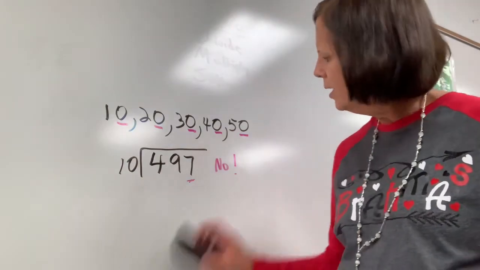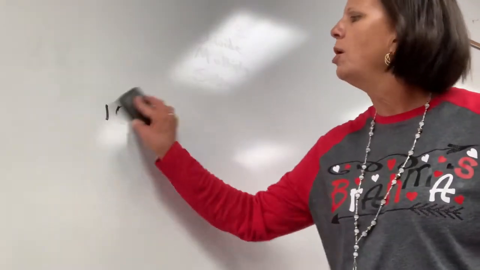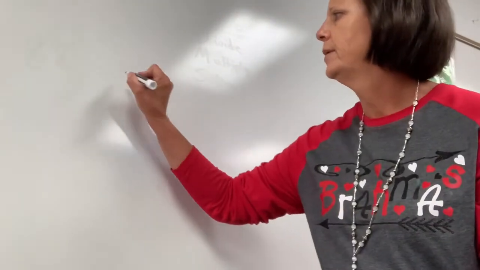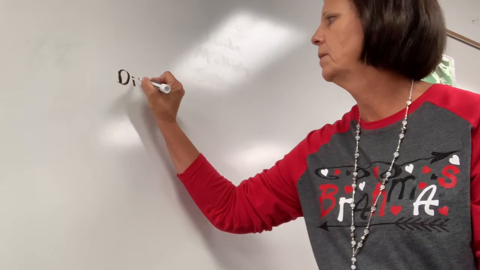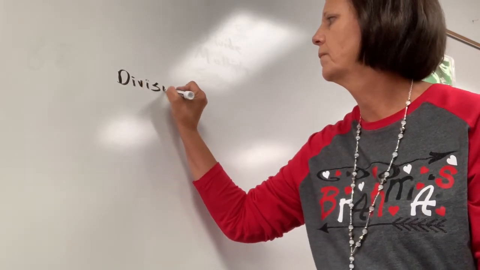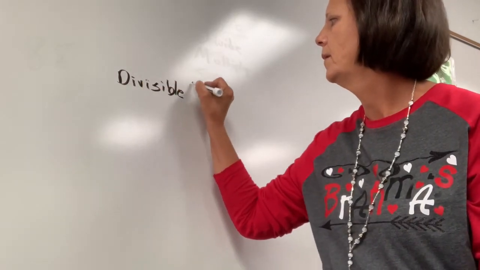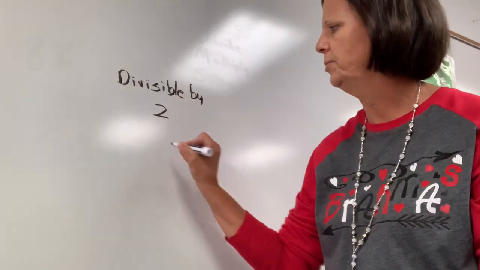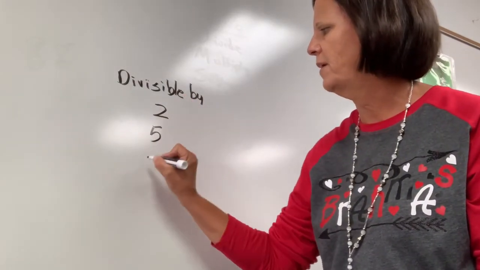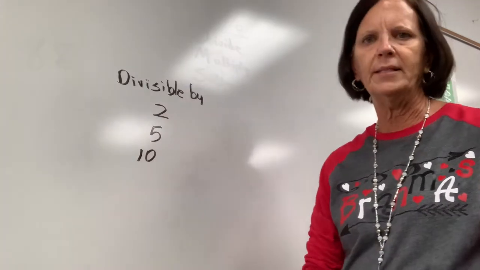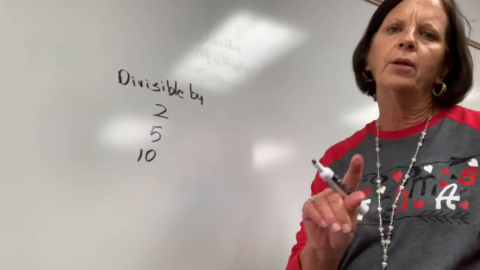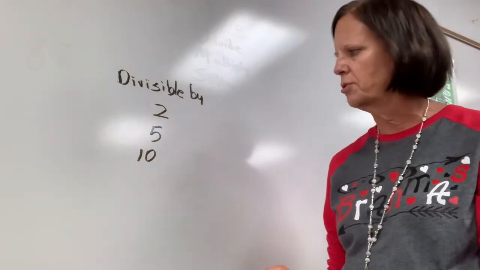Now, we're gonna try to put them all together. So we're gonna check to see, is a number divisible by 2, 5, and I'm gonna ask, is it divisible by 2? Is it divisible by 5? And is it divisible by 10? So we're gonna try them all at one time. So I'm gonna work one first, then I'll have you guys try some.